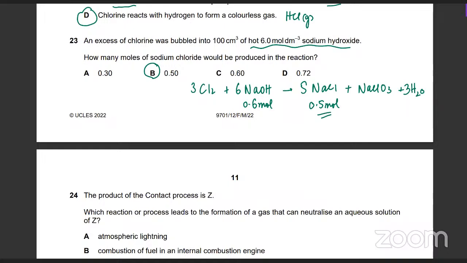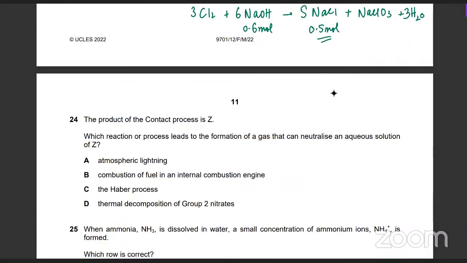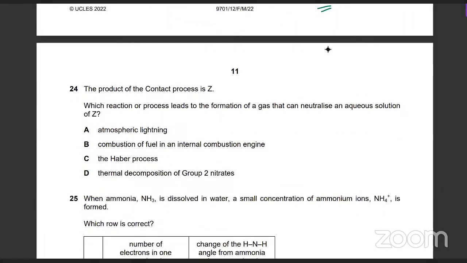Next one is the product of the contact process is Z. Which reaction or process leads to the formation of a gas that can neutralize an aqueous solution of Z? Contact process, what is Z, acidic or basic? Well, what is formed in the contact process?